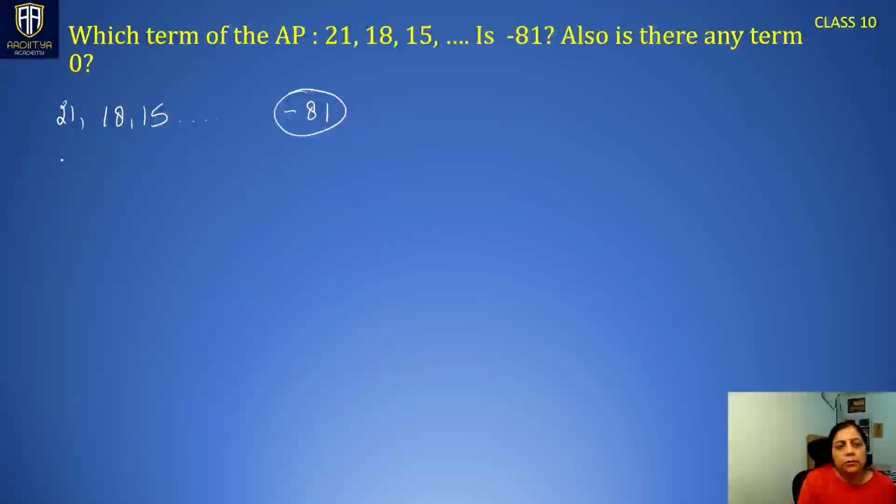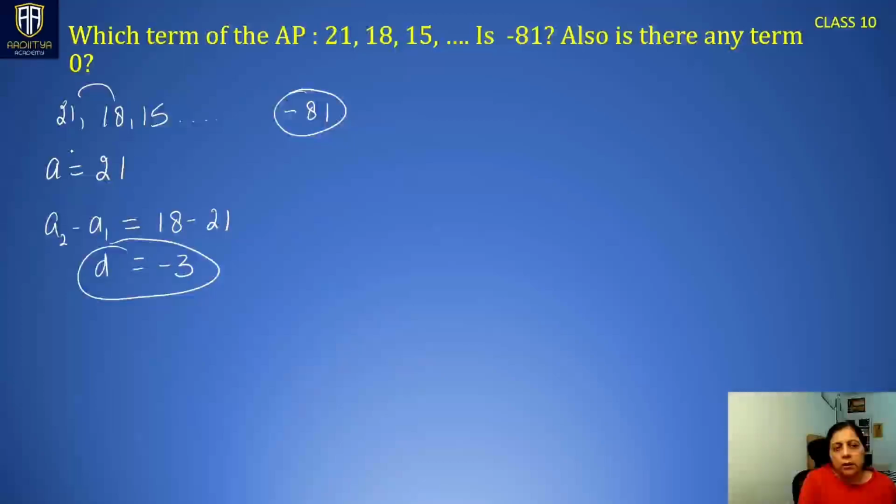Looking at this AP, the first term is 21. For d, I'm taking the difference of two consecutive terms. It is 18 minus 21, which is negative 3. So the value of d is negative 3.